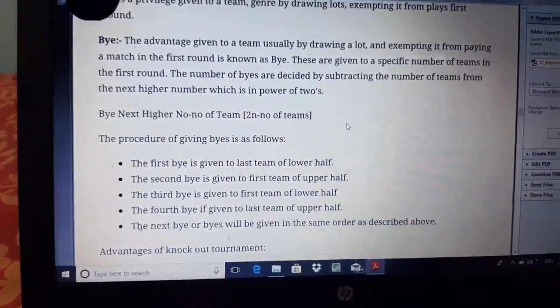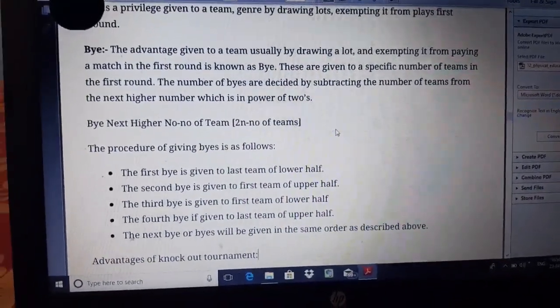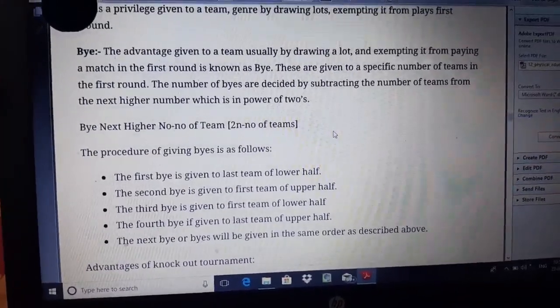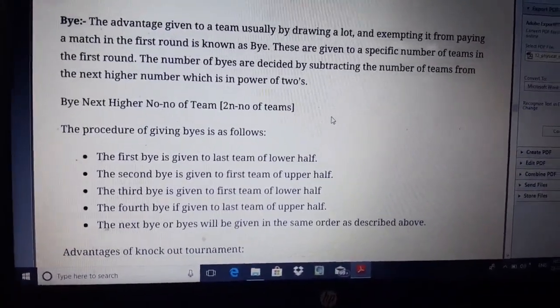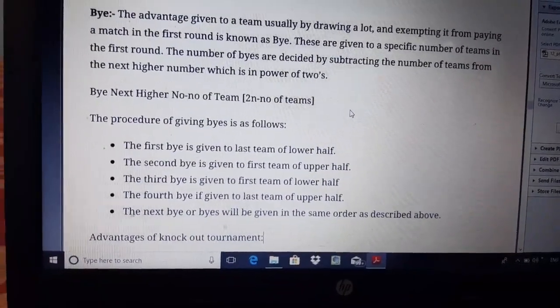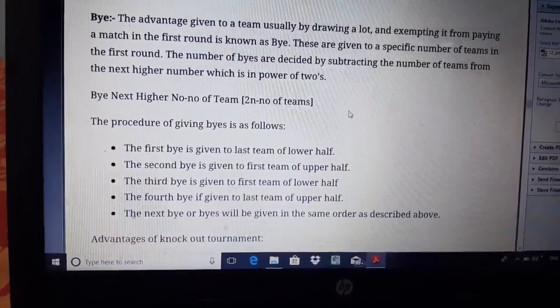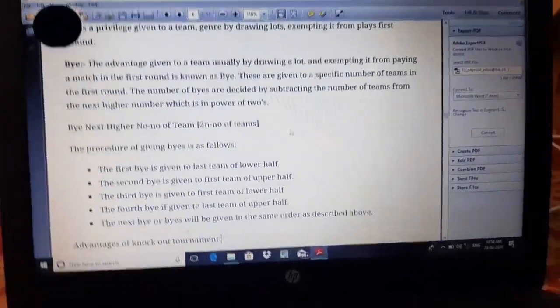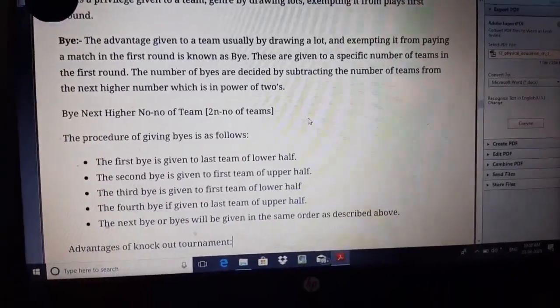On paper you write down 1, 2, 3, 4, 5, 6, and so on till 13. The first bye will be given to number 13, the last number. Then the second bye will obviously be given to the first one, so number 1 goes there.